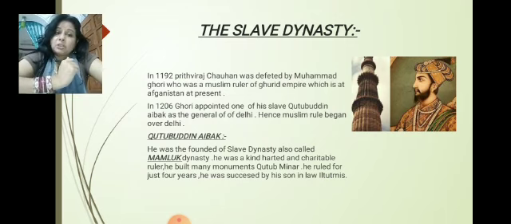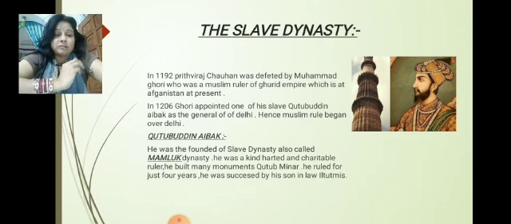In 1192, Prithviraj Chauhan was defeated by Muhammad Ghori, a Muslim ruler of the Ghurid Empire, which is Afghanistan at present. In 1206, Ghori appointed one of his slaves, Qutubuddin Aibak, as the general of Delhi. Hence, Muslim rule begins over Delhi.